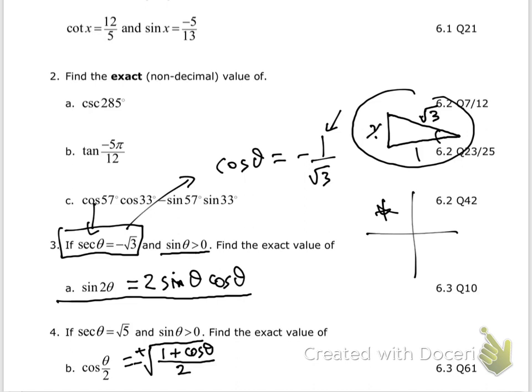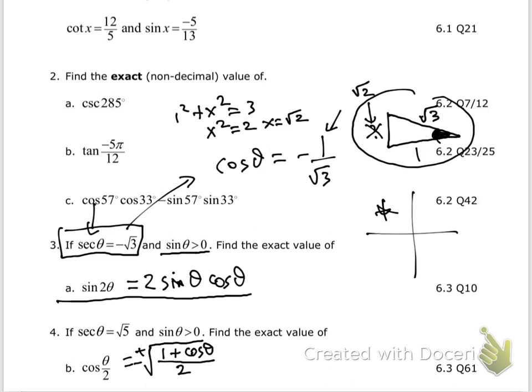Pythagoras' theorem. I'll call this x. So 1 squared plus x squared is root 3 squared. Root 3 squared is 3, so x squared must be 2, so x must equal root 2. So this here is root 2. Therefore, the sine of this angle must be root 2 over root 3, opposite over hypotenuse.